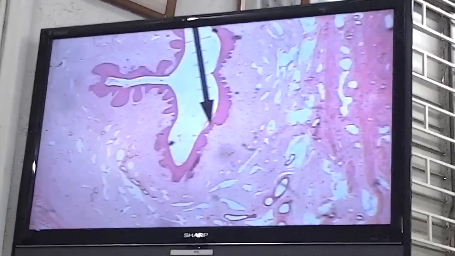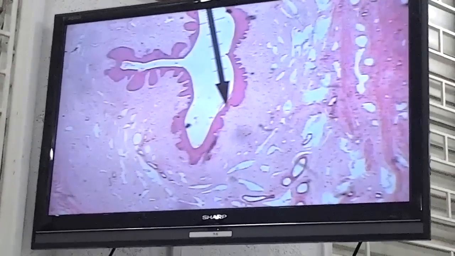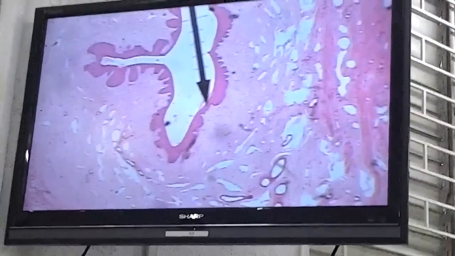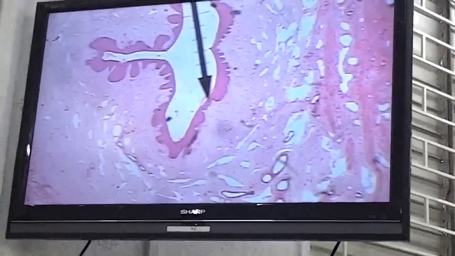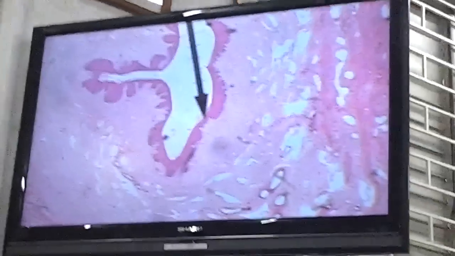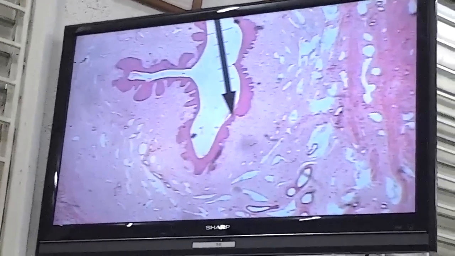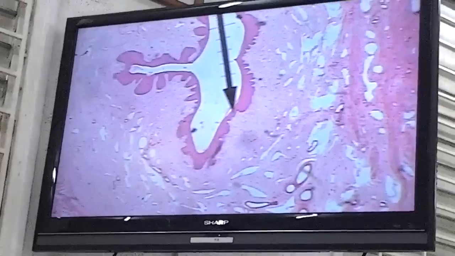What's the type of epithelium we're going to find in the urethra? Towards the end, just at the external urethral meatus, it is stratified squamous. It won't be like the penile urethra, it's quite a bit different.